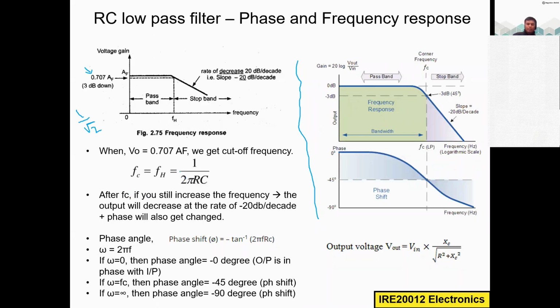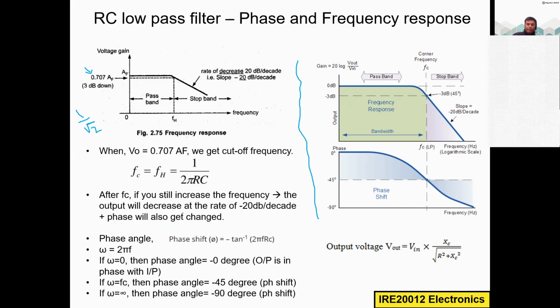Up to the cutoff frequency, it will pass the signal frequencies at the output. After the cutoff frequency, immediately it will start to fall down. The output will go to 0. Okay. So after the FC, if you increase the frequency, then what's happening?